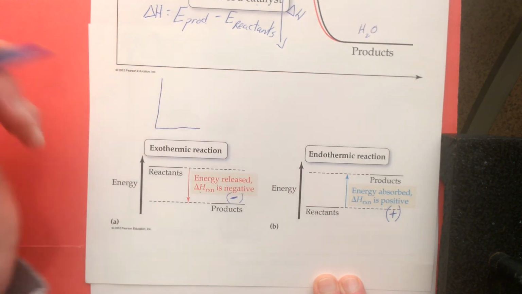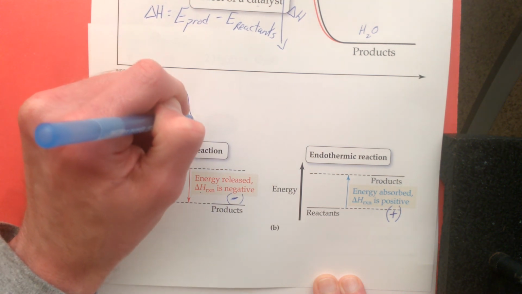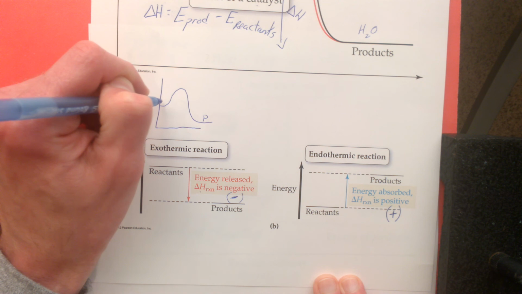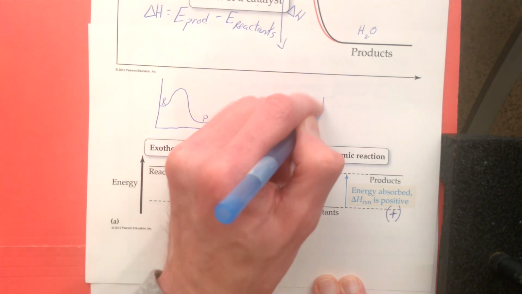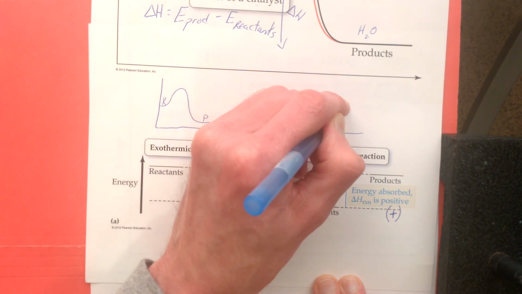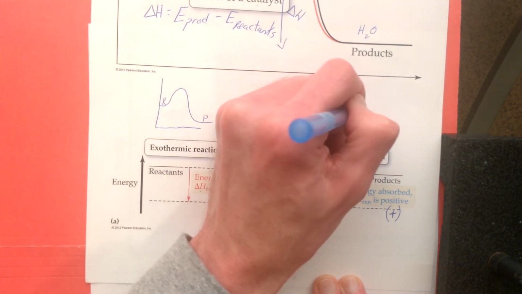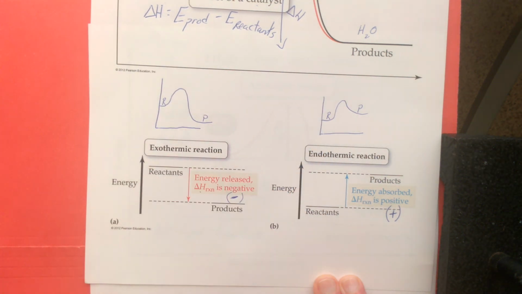So on an exothermic reaction's profile diagram, your products are lower than your reactants. In an endothermic profile, the products are higher than the reactants because of that absorption.